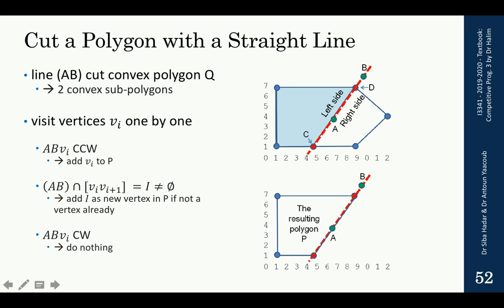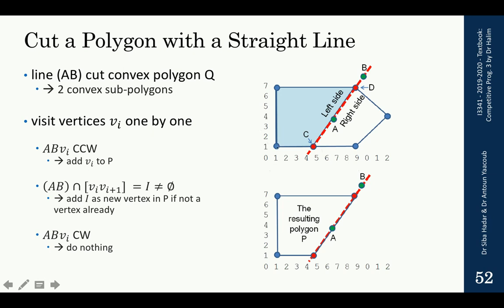So if A, B, and Vi are counterclockwise, this means that Vi is on the left side of the line and is part of the left subpolygon, so I have to add Vi to P. P is the left subpolygon I have to return. And then I check also whether it is on the left. I add it to P, but I check also the intersection of the line AB with the edge Vi plus 1.